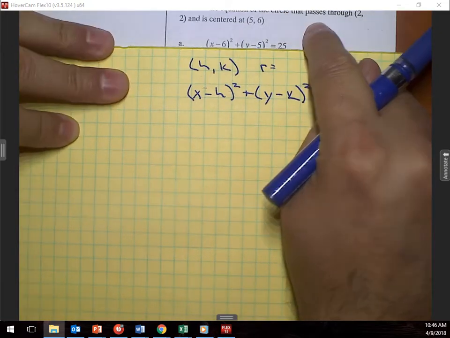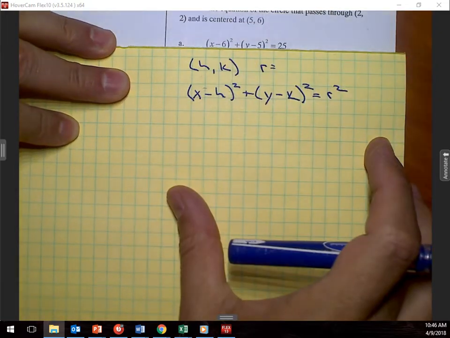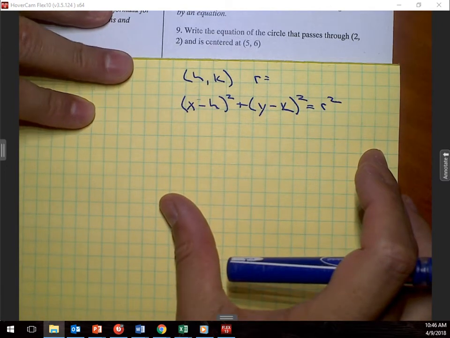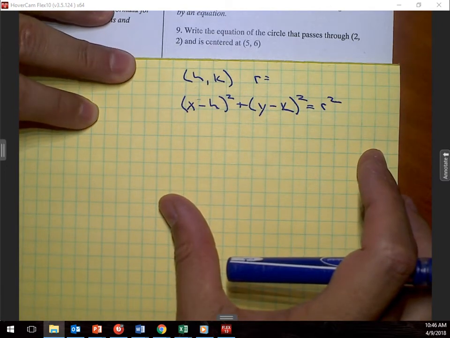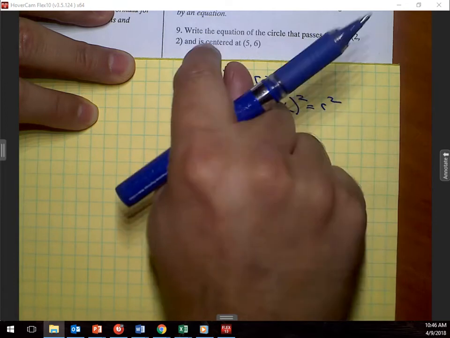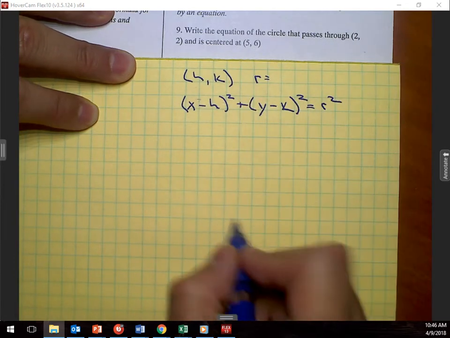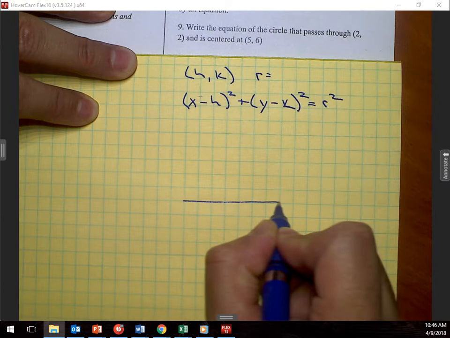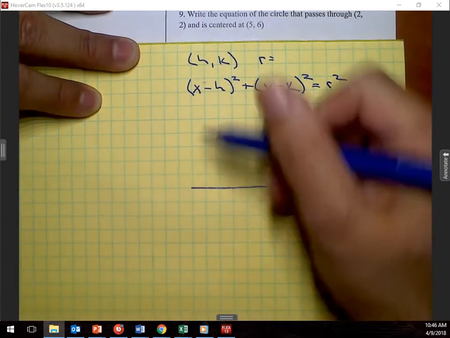So first, I'm going to try and graph this. So let me see. Passes through here, it's centered at here. I have graph paper here, so I'm kind of cheating on this one.